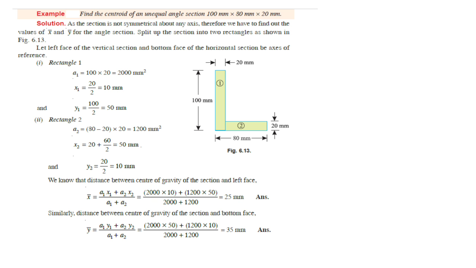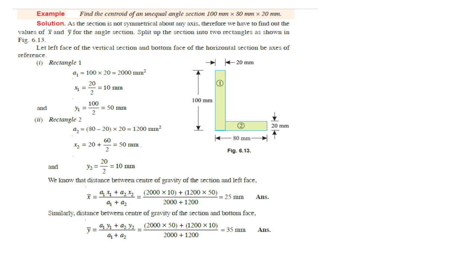So x2 along the x-axis, the centroid of x2, is equal to 20 plus 60 divided by 2, which is equal to 50 mm. Along the y-axis, the centroid y2 is equal to 20 divided by 2, which is equal to 10 mm.